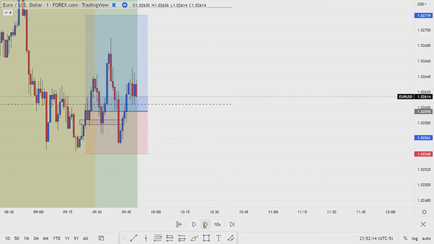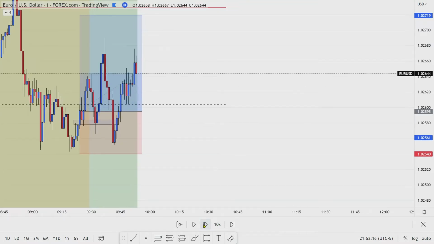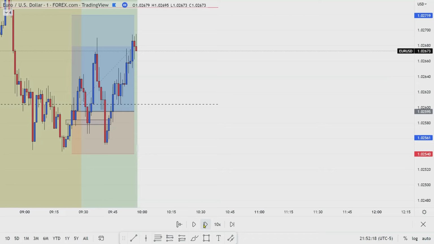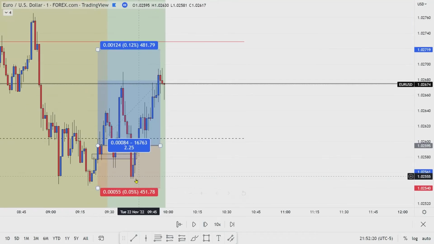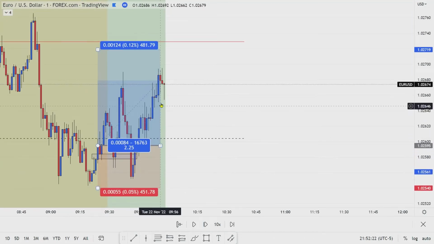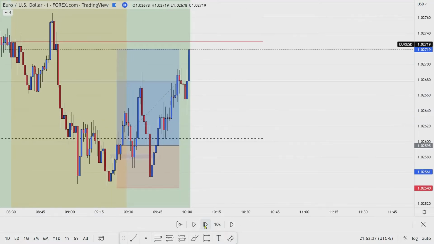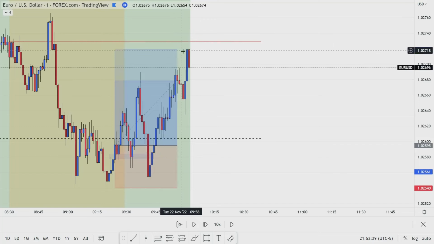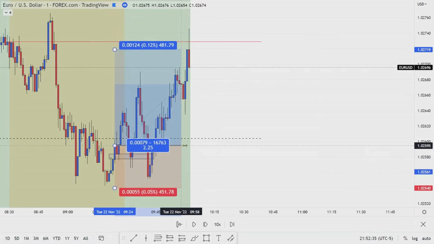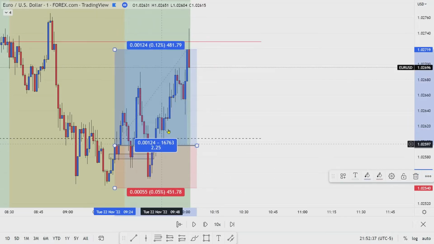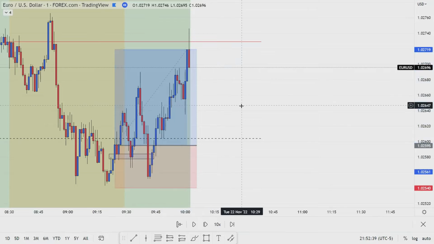Goes back into profit. So we almost got stopped out, but right after that it just starts shooting back up. And I believe that touched the target. Yeah, that touched the target that we were looking at. So we almost got stopped out, but it did end up hitting the target.